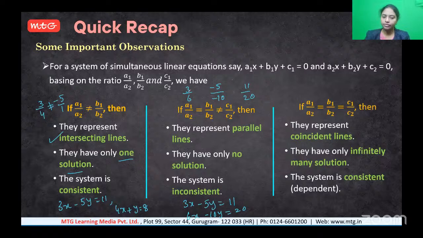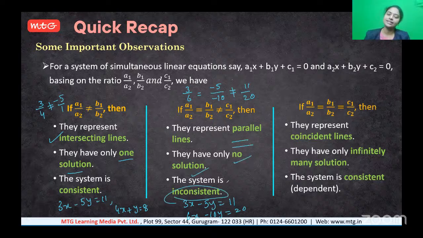Now you will see 3 by 6 and minus 5 by minus 10 are the same, but the constant ratio 11 by 20 is unequal. This is a situation where you get two parallel lines and they don't have any solution. So we call this system an inconsistent system.